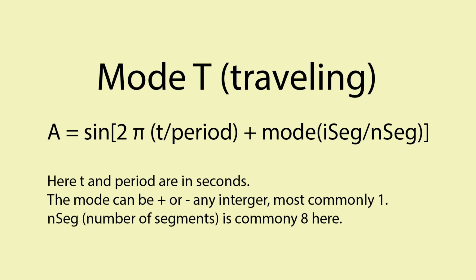The T, or traveling mode, is a sine wave of contraction which moves along the segments or rings of the ampulla. T plus modes move up segments of increasing indexes. The T plus 1 mode is one sine wave, T plus 2, two sine waves, etc. T minus modes move in the opposite direction, from segments with high to those with low indexes.